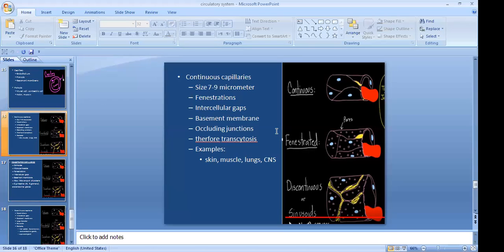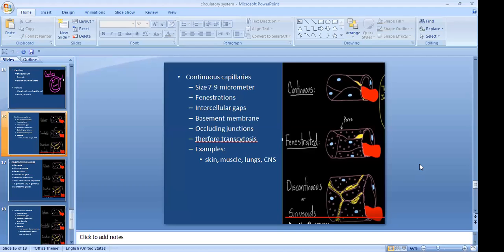So you need to focus on these three important points. The continuous capillaries are present in the skin, muscles, lungs, and the central nervous system.